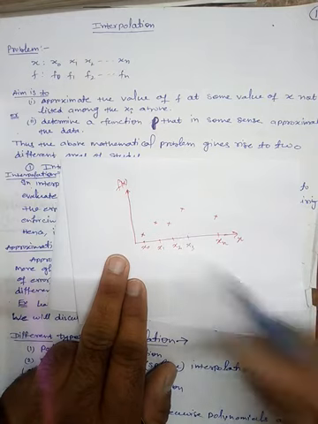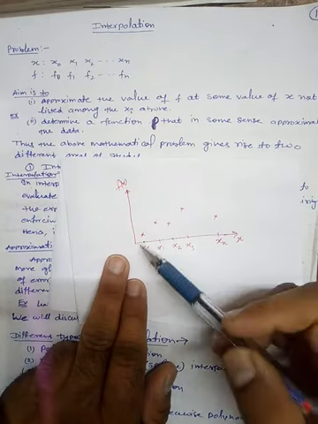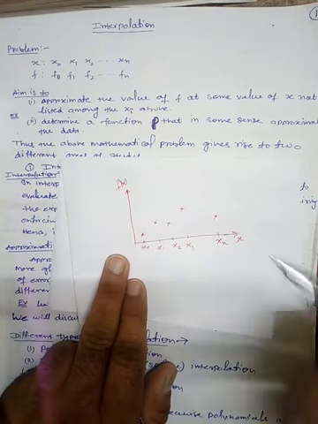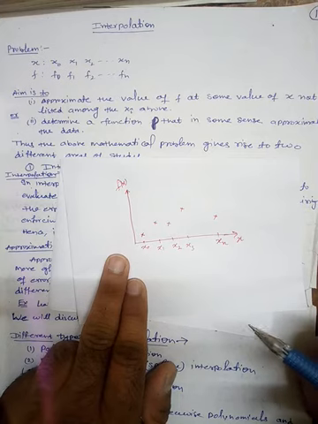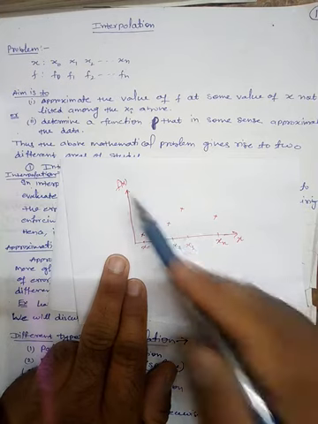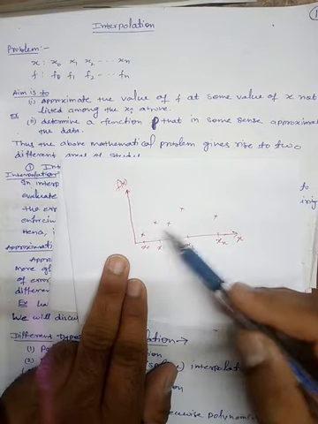So now the target is to cover up all these values through a function, which is very difficult to find. This is not very easy to find, the exact f. That's why our target is to find the approximate function.